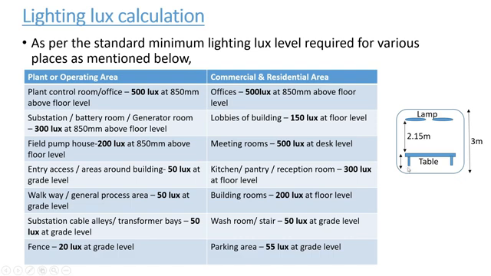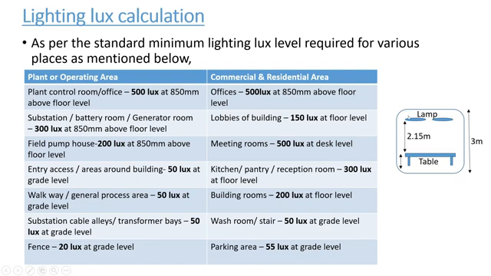This room's total height is 3 meters, and in this room I'm using a table. This table is installed from the ground, and the table level is 850 mm. This height is 850 mm, and the remaining height will be 2.15 meters. I just subtract this 850 mm from the 3 meters, so the remaining height is 2.15 meters.